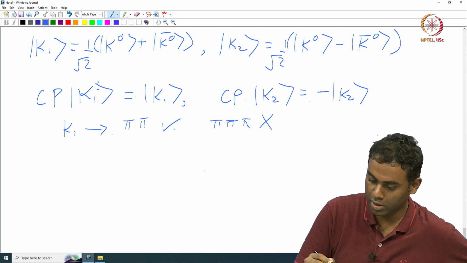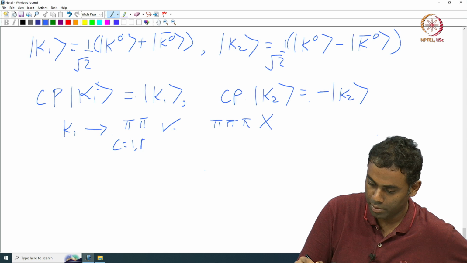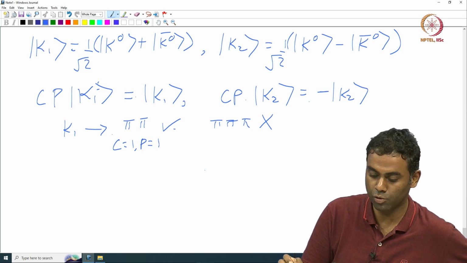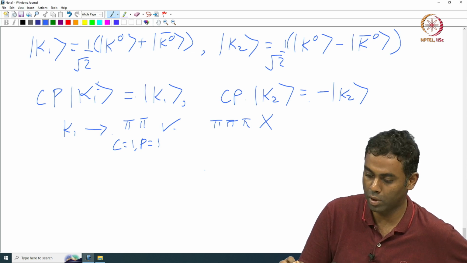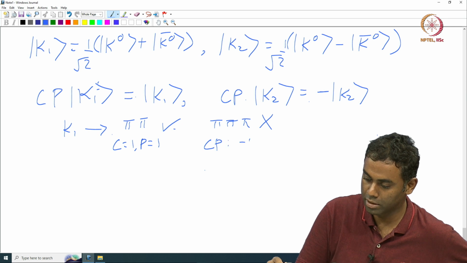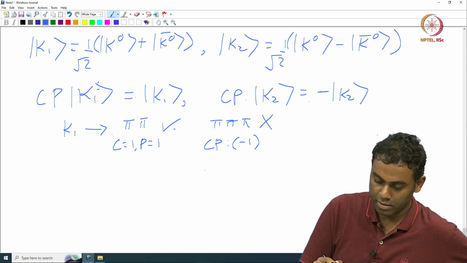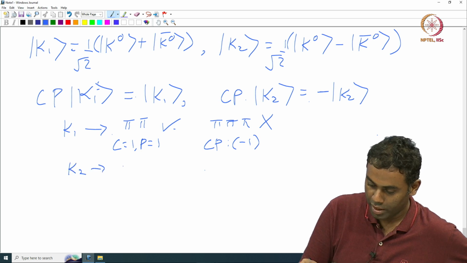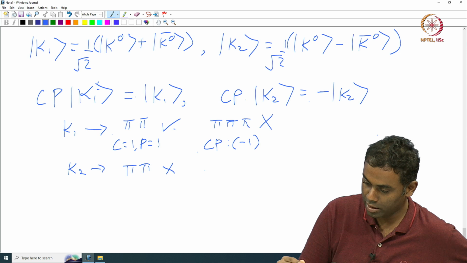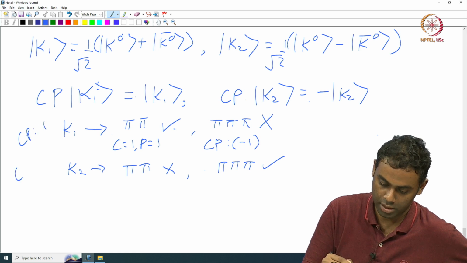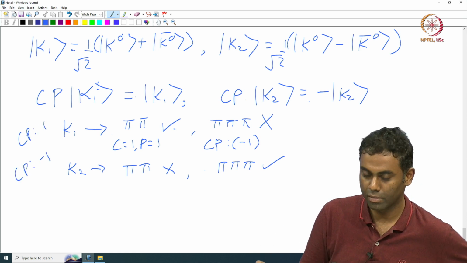This entire state has C equals 1, P equals 1, so the CP of the final state here is plus 1 and the CP of the final state here is minus 1. That should be easy to check. And similarly, K2 does not go to 2 pions but it will go to 3 pions. Same argument. So here the CP is plus 1, here the CP is minus 1, correct?